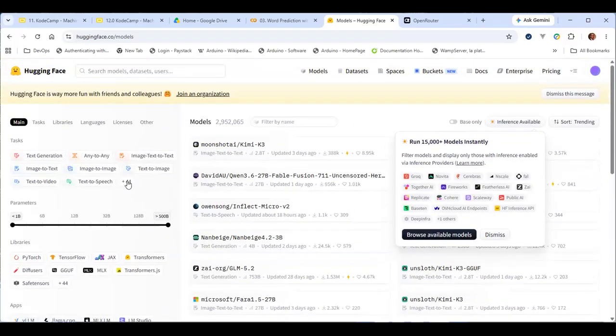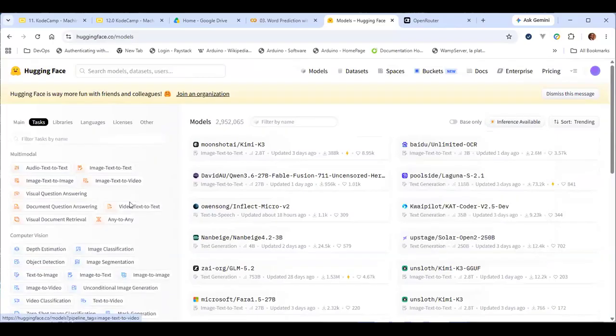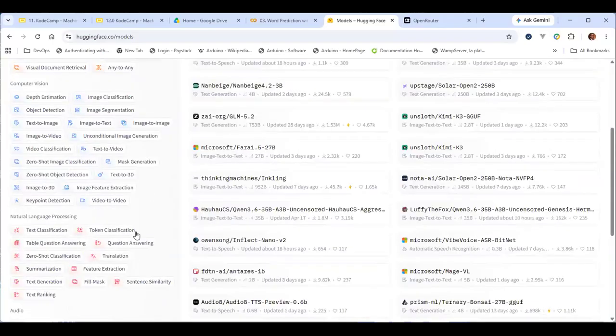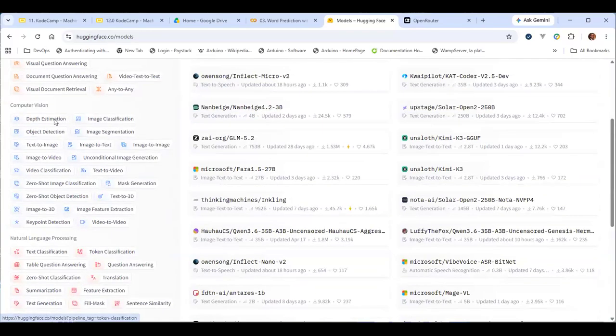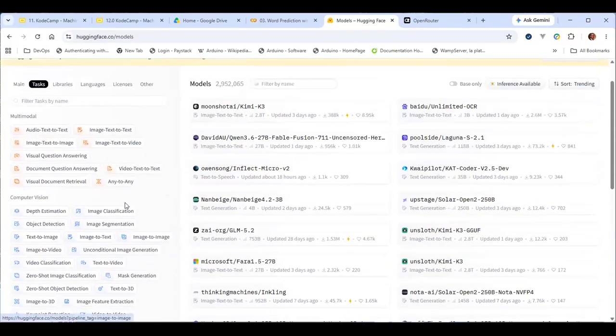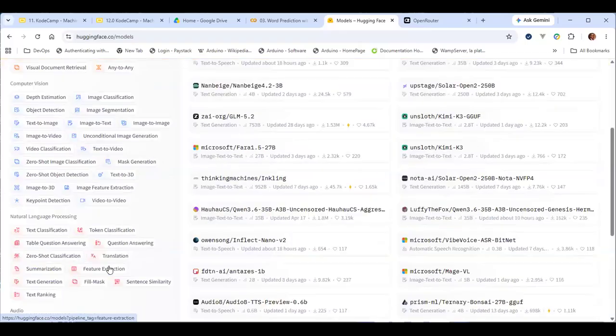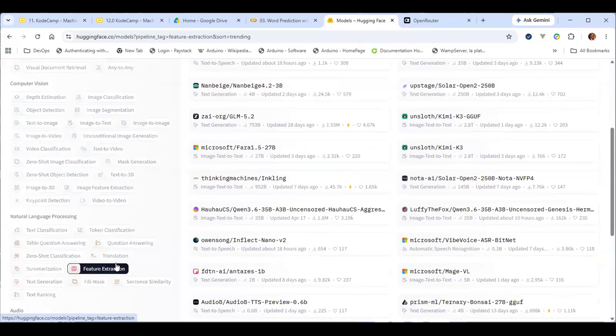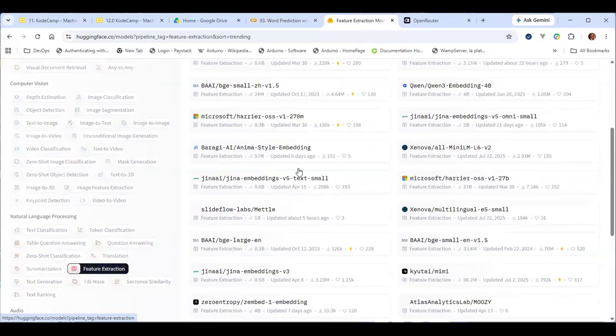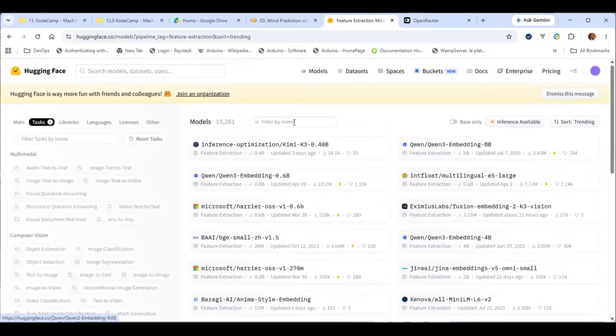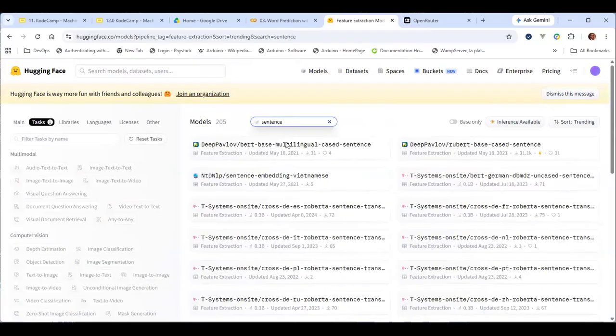There's a whole bunch of other tasks here, but look for natural language processing. So look for feature extraction. Feature extraction is their own name for embedding models, basically. And one of them, the one I use a lot, is sentence transformer.